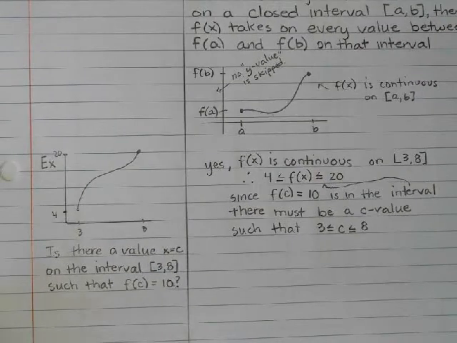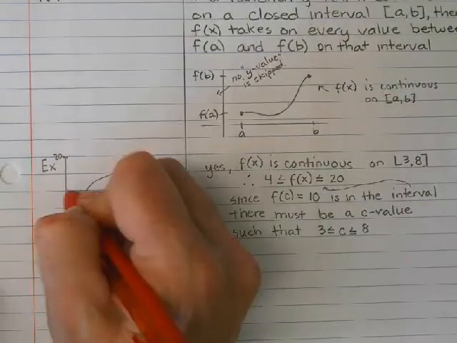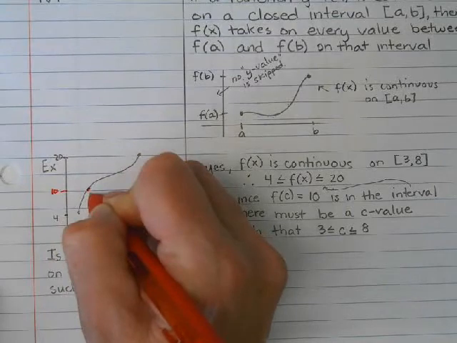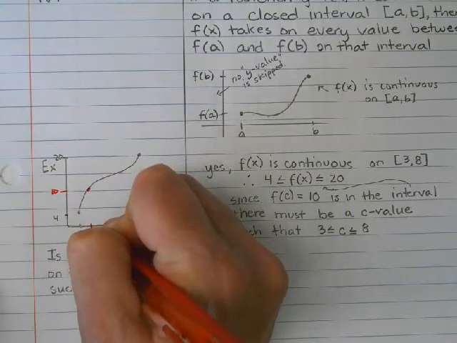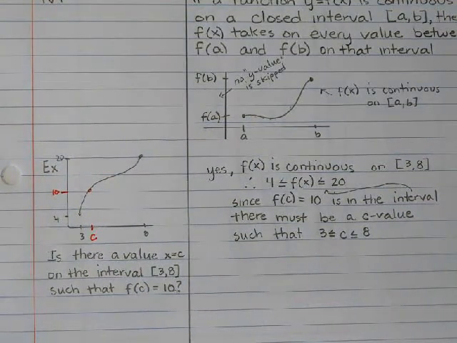So you know that somewhere in here is a 10. Let's say that that 10 is right here. And I go over there, and I go down, and there's its c value. So a weird way of asking a question. And it's not always going to be this weird, you guys. Just keep that in mind.